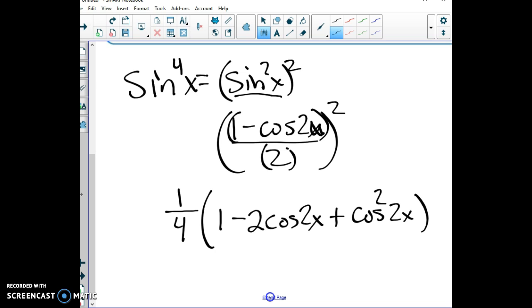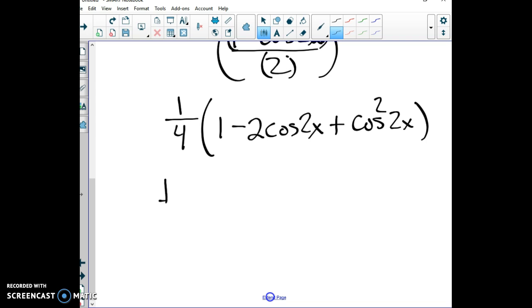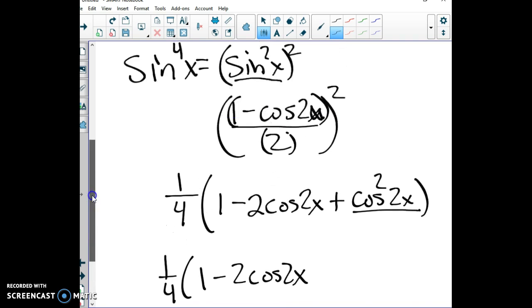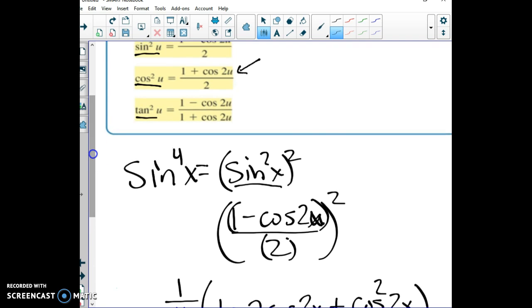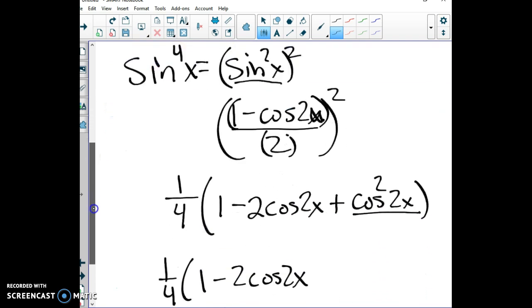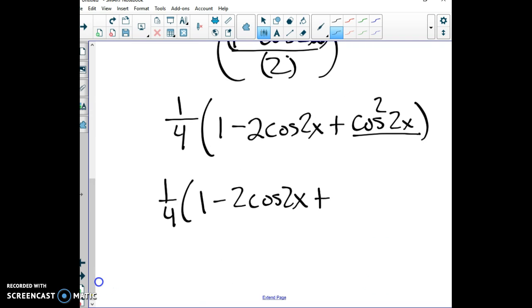Notice we still have that double angle in there. We're coming down here and rewriting 1/4 times 1 minus 2 cosine 2x, and again, one more time, we're going to rename cosine squared. We're going to rename it 1 plus cosine 2x all over 2.